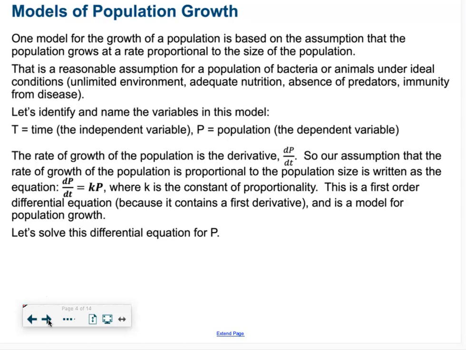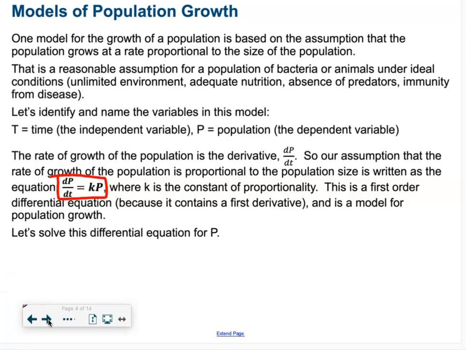Because of that, the rate of growth is called dP/dt, the rate of change in population over change in time. P is population, t is time. So your standard differential equation for population growth is this guy right here: dP/dt = kP.